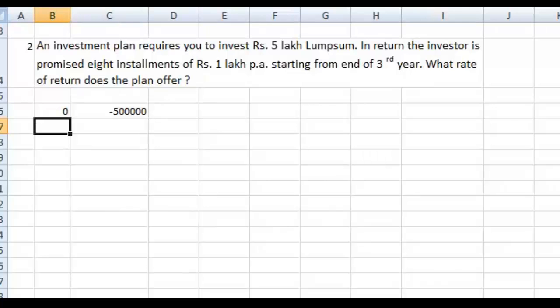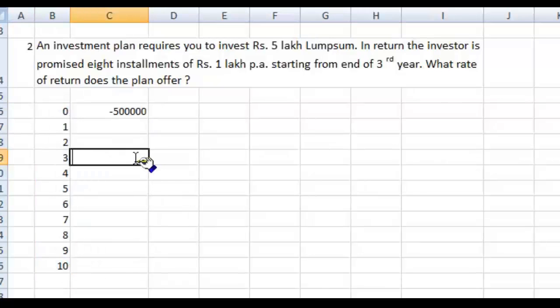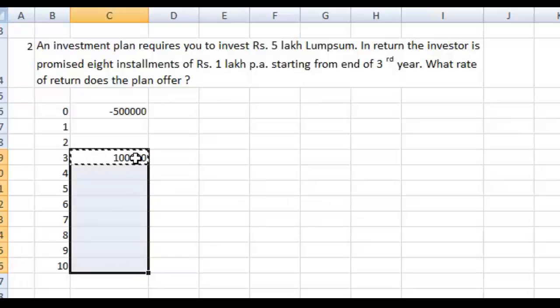And then from there on, from third year to 10th year, because your cash flows will start from third year, we have 1 lakh rupees per annum coming into us. So that's 1 lakh, and copy pasted right till end.